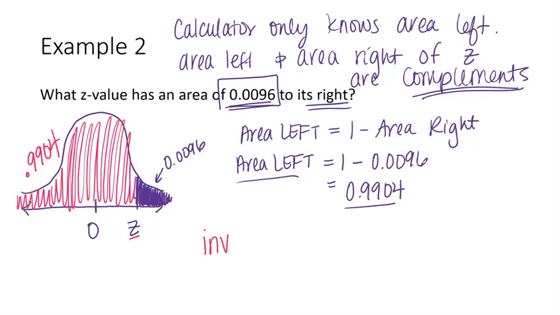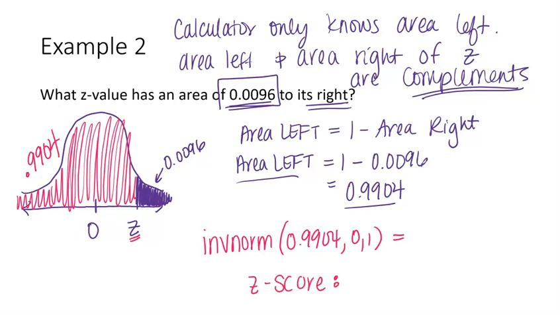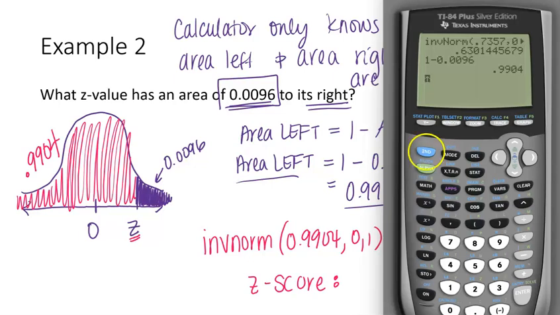So since I'm working backwards, since I'm asked for z, I'm going to use inverse norm. Area left, mean, and standard deviation. This is going to spit me out a z-score. So second vars down to inverse norm.